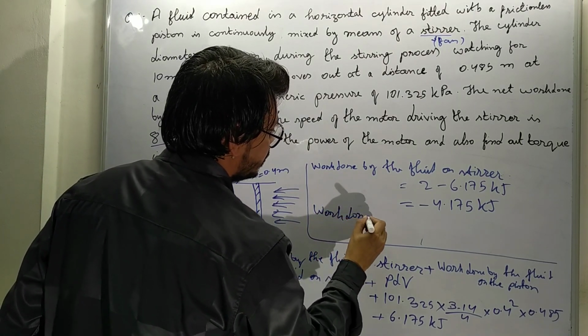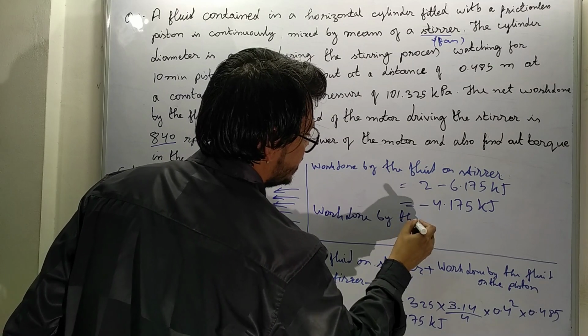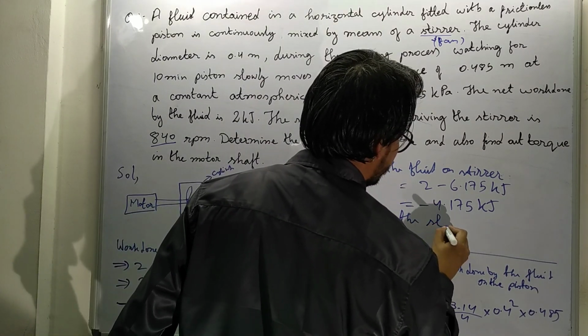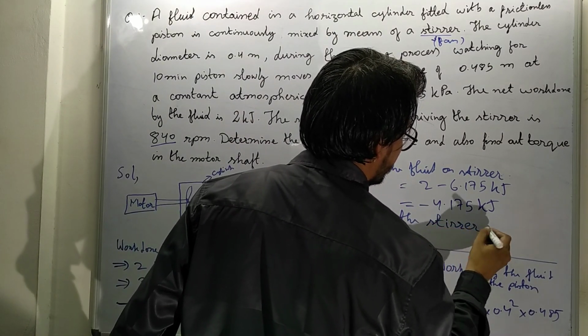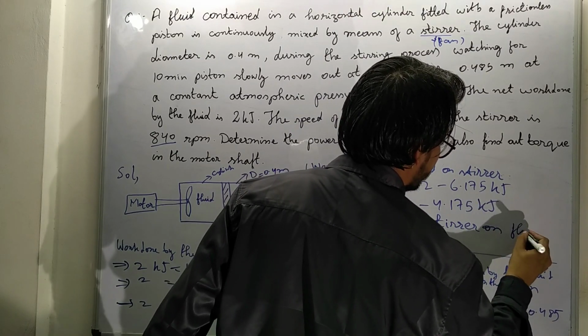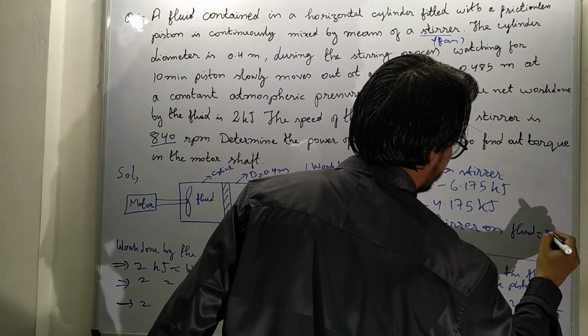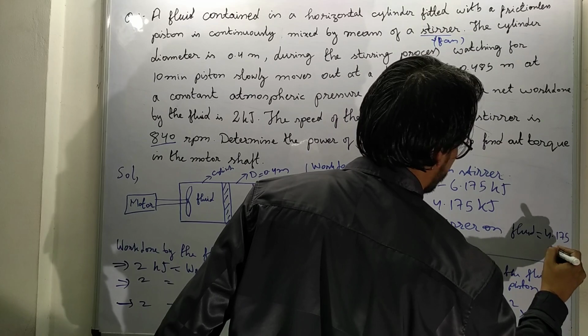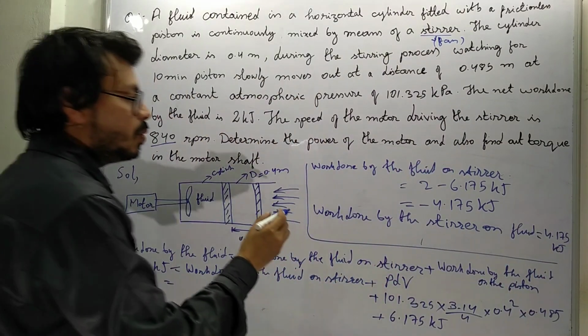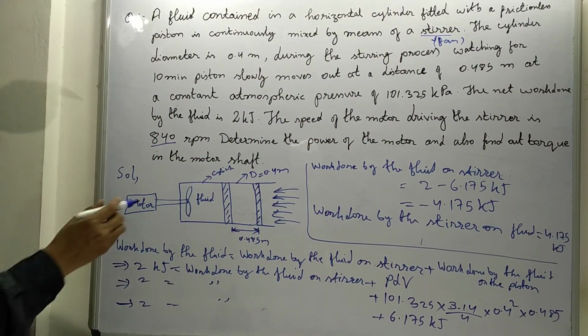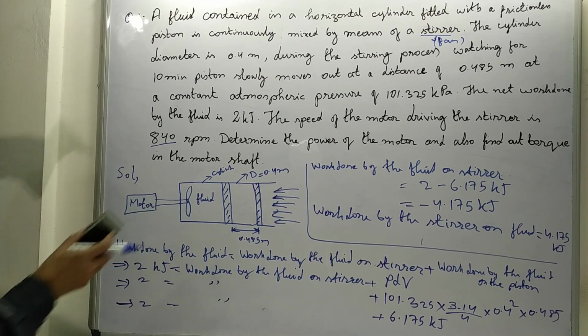So it is work done by the stirrer on the fluid, and this is 4.175 kilojoule. This is the work which is done by the motor, the shaft of the motor.